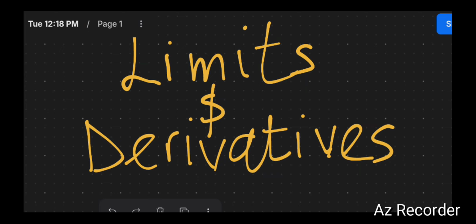Let's say we have a function f of x. How can you describe or monitor the rate of change of the function f of x? We can do this by computing the limit of that function as x tends to a certain value.